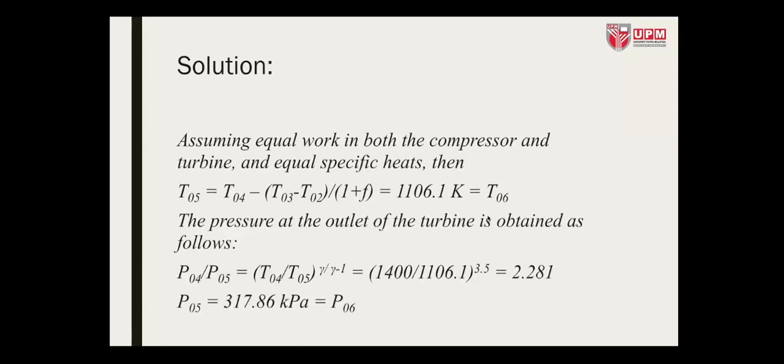Assuming equal work in both the compressor and the turbine and equal specific heats, you will then be able to find the temperature at 5, the exit of the turbine and going into the nozzle, and the pressure at the outlet of the turbine is obtained from this expression.